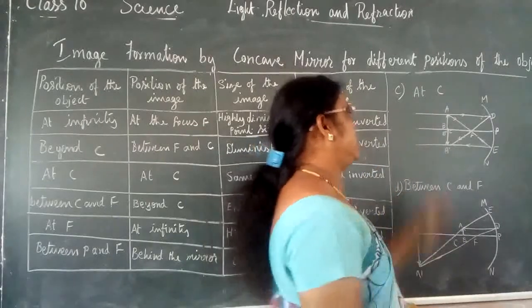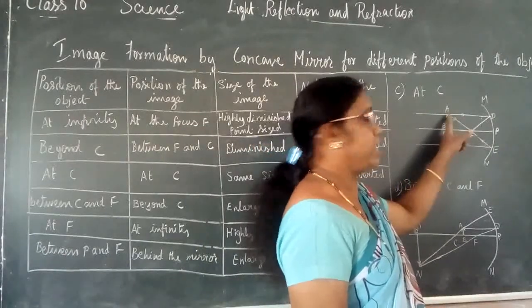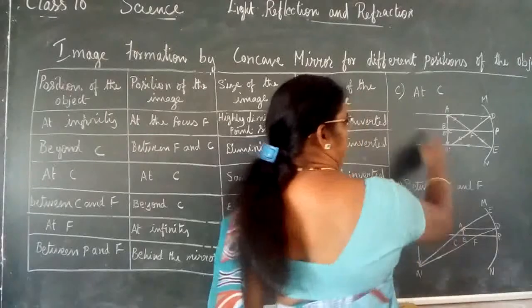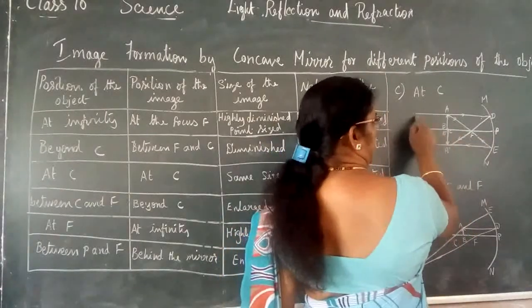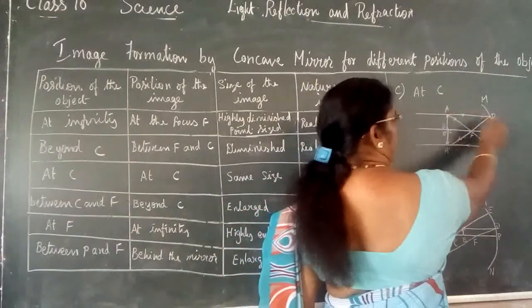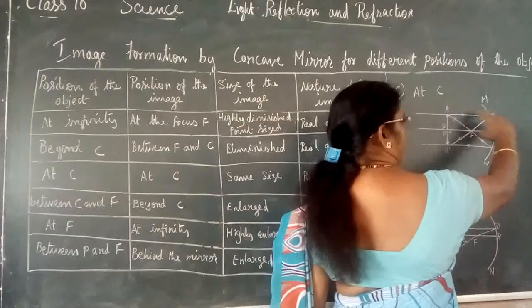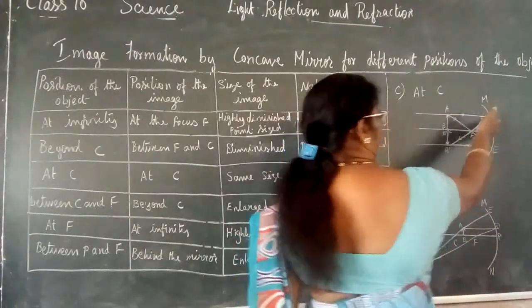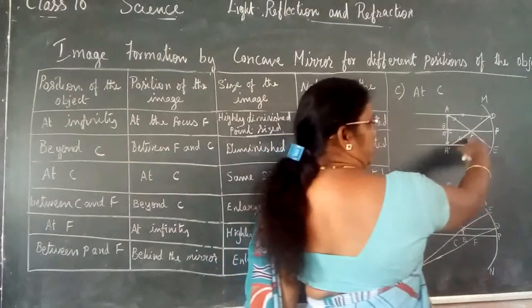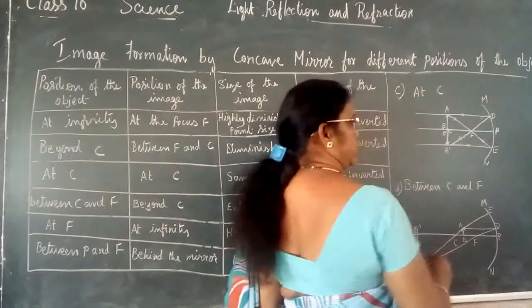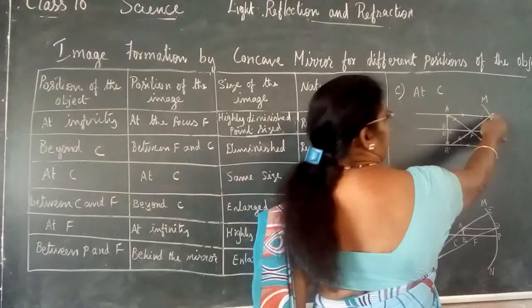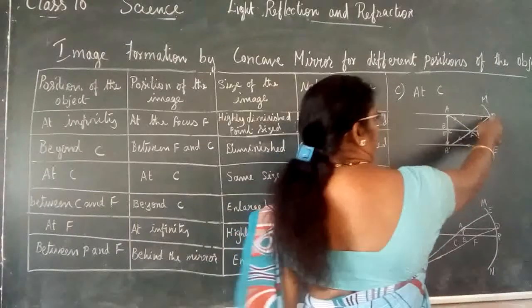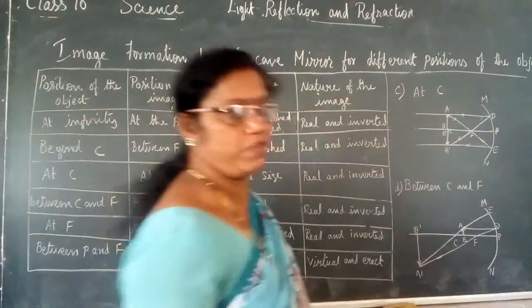First, let us draw the ray which travels parallel to the principal axis. Here the ray AB travels parallel to the principal axis, and according to the rule, it passes through the principal focus. Here we have the principal focus. So after reflection, it passes through the principal focus.